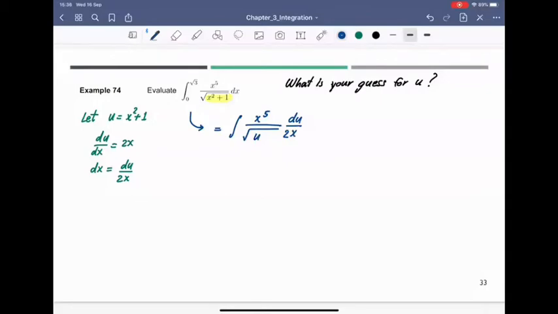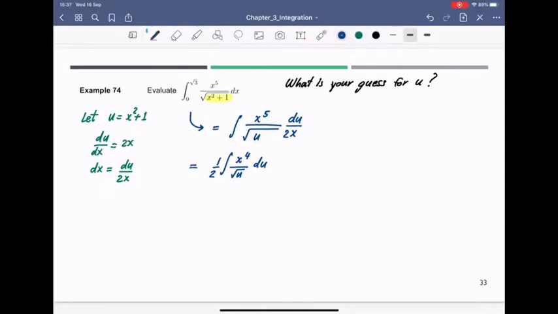I'm going to look at my integrand first and hope that I can integrate that. You can see that x is going to cancel one time, so you get x to the fourth power on the top, over square root u, and I pull out 1/2, so I have du here. All right, this is what you have now.